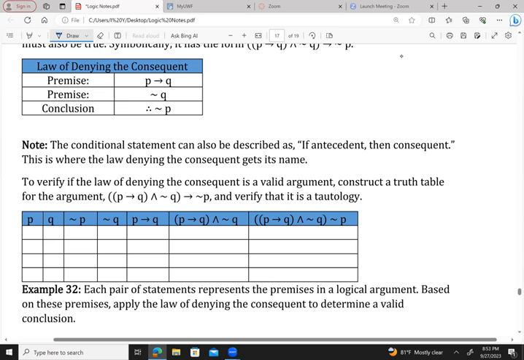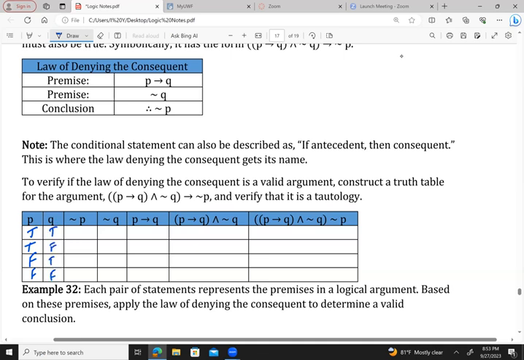So let's verify the law of denying the consequent is a valid argument by constructing the truth table. We're looking at P and Q again. So P is true, true, false, false, and Q is true, false, true, false.